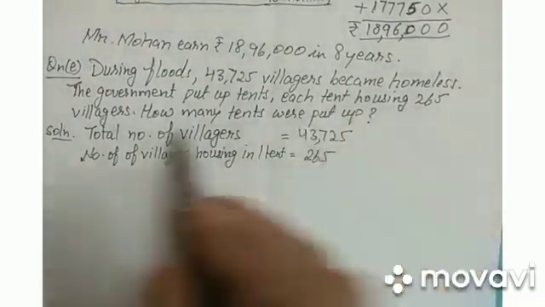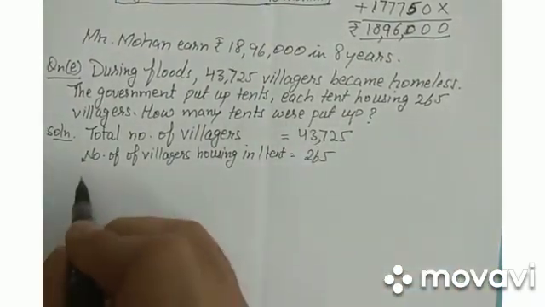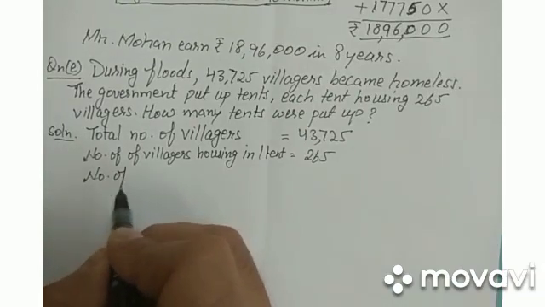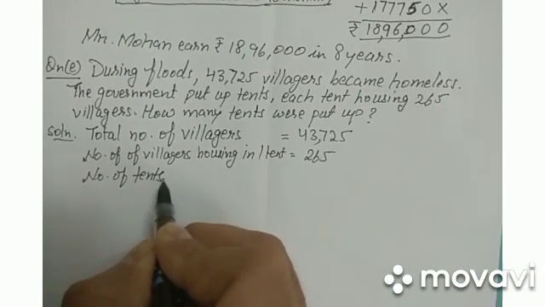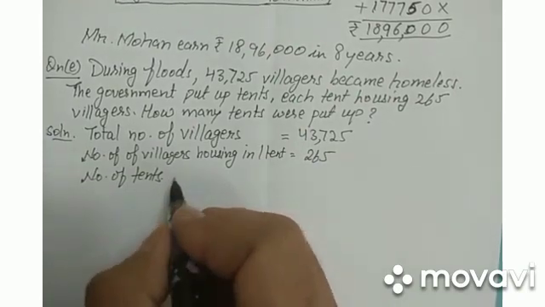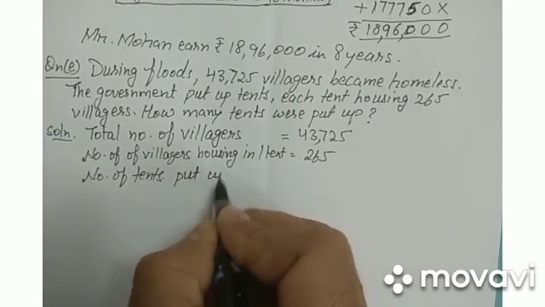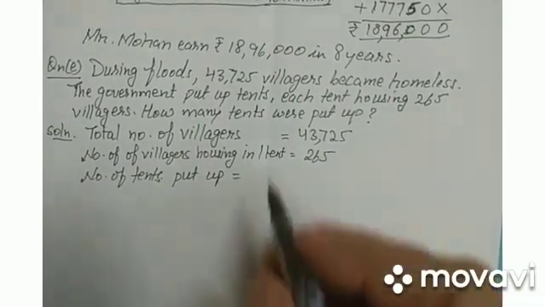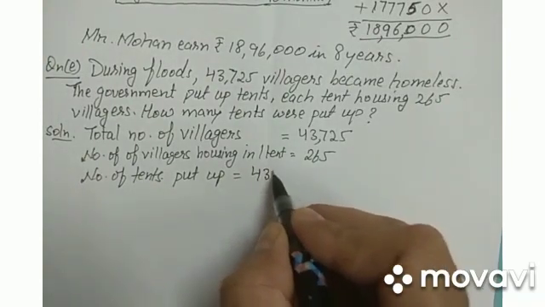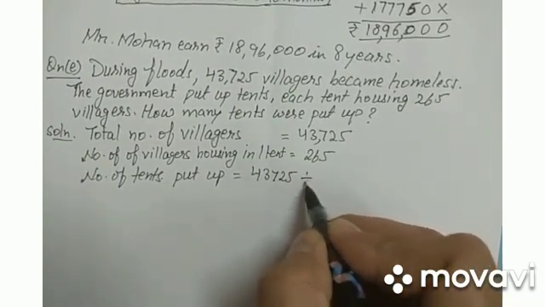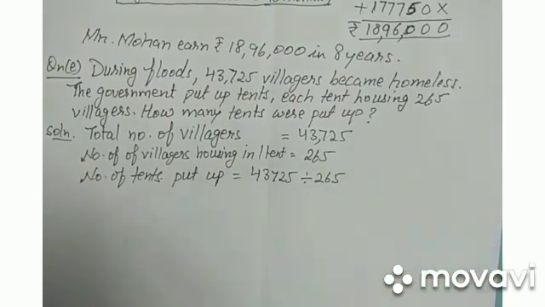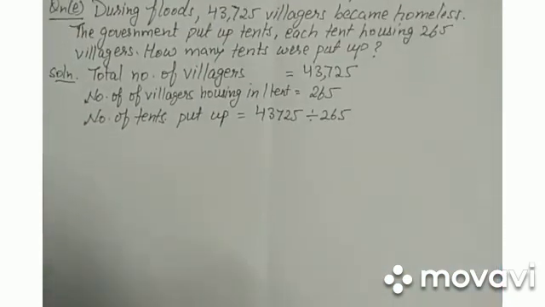Now what we have to find is how many tents were put up. So the number of tents put up, we have to divide. 43,725 is divided by 265. So let us divide them.